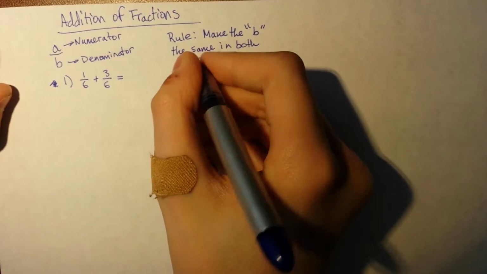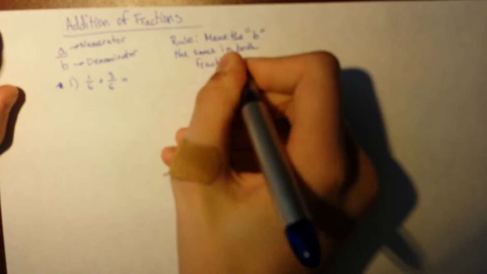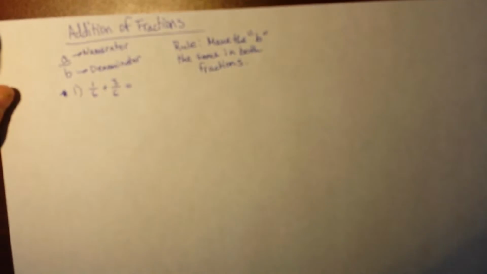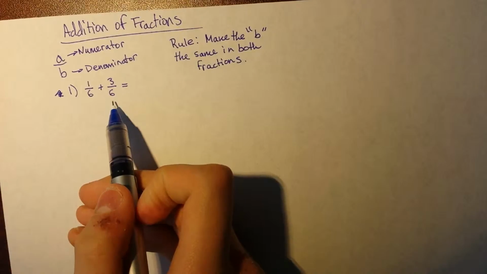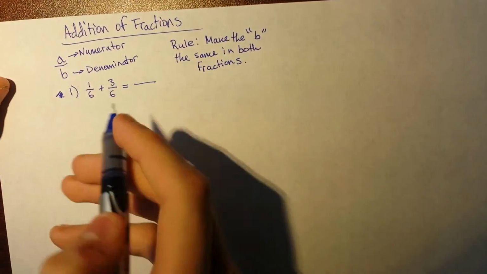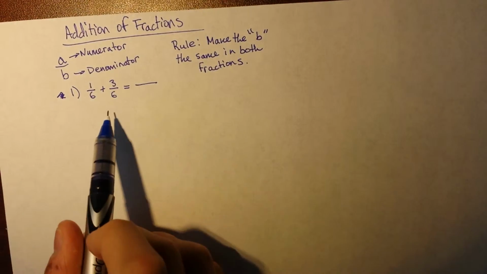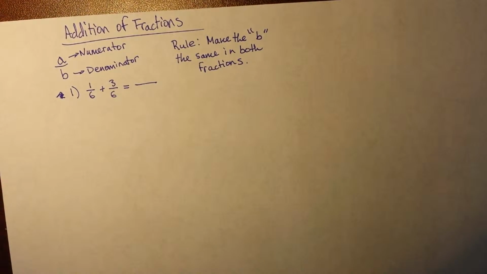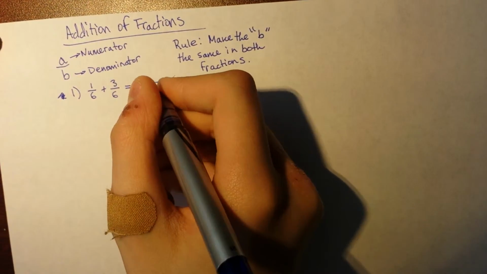So you want to achieve this equality. So in our first example, our denominators are equal, 6 and 6. So all we have to do is add the numerators. When we add the fractions, the denominators stay the same. So it is going to be over 6.